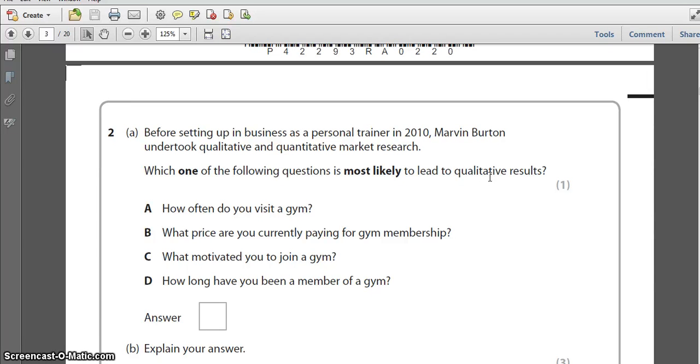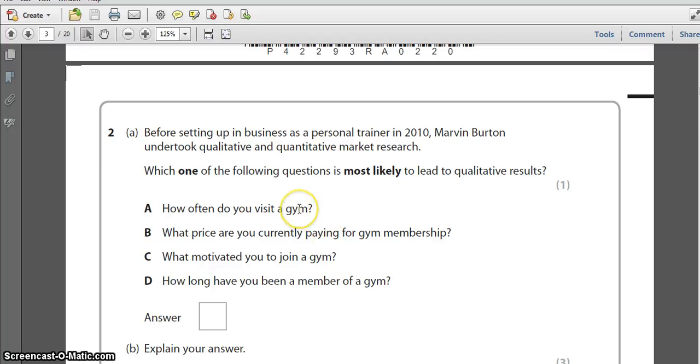Qualitative means that people give their opinion, whereas quantitative means that you're asking questions that will be answered by numbers. So asking, what's your age? That's a quantitative result, it's a number. Qualitative is going to be an answer which gives us a written descriptive answer about their thoughts or feelings.